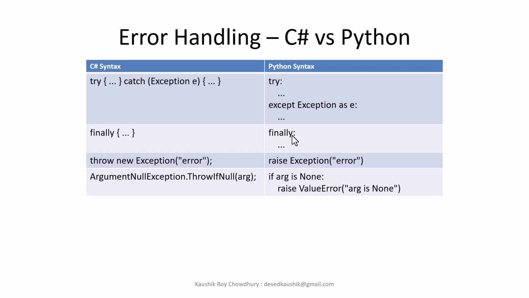And instead of throw new, we raise exception with the raise, raise exception error. Here it is throw new exception error. Okay. Python also encourages checking for none and raising exceptions explicitly, which matches the intent of throwing if null in C#. So if argument is none here, it raises value error, argument is none.